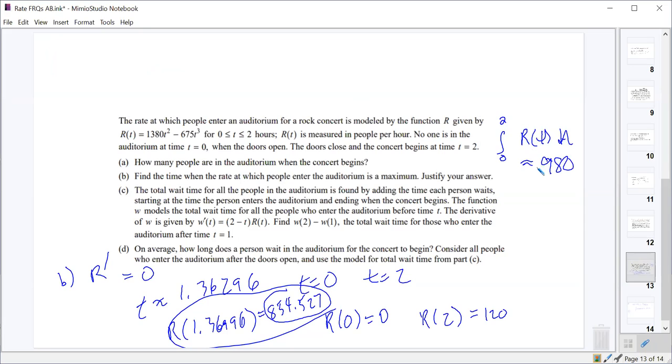So the average that a person waits is just the total amount of time waited divided by the number of people that were waiting. So the total amount of time waited should be the integral from 0 to 2 of W prime, right? Because W is the total wait for all people that enter after t.